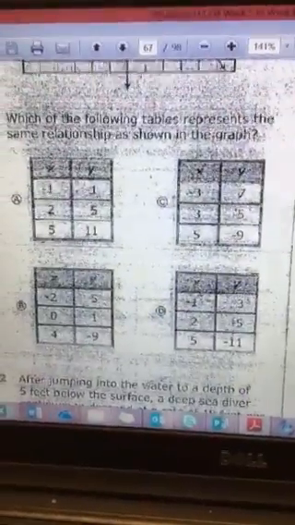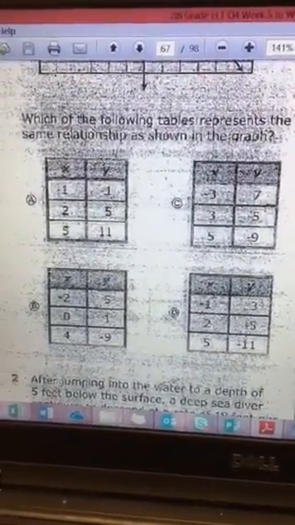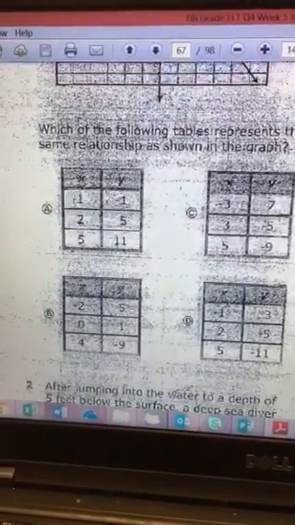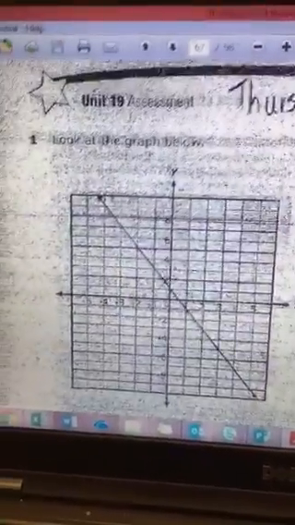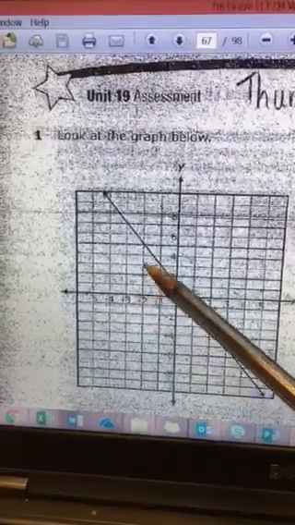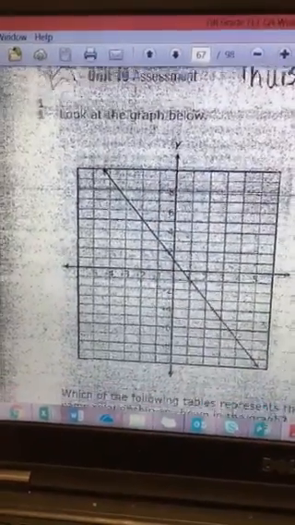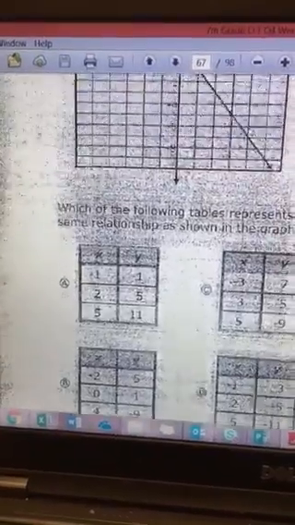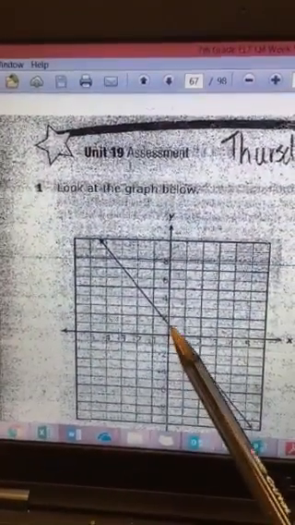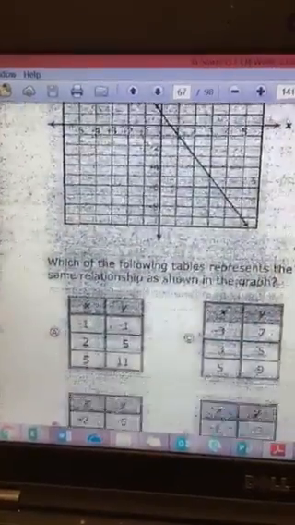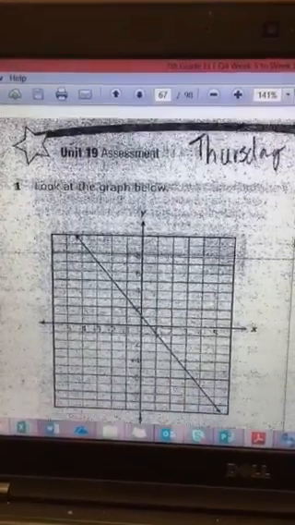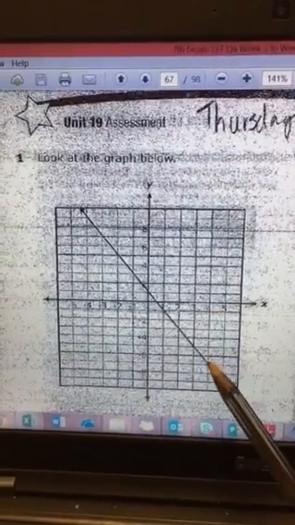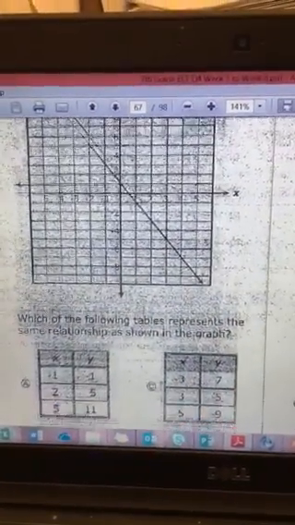Okay, can't be D. Okay, so now let's look at table B. -2, 5. -2 up to 5, okay. 0, 1. 0, 1. 4, 9. Okay. 4 to -9. Oh, nope. That's -7. So our answer must be C.